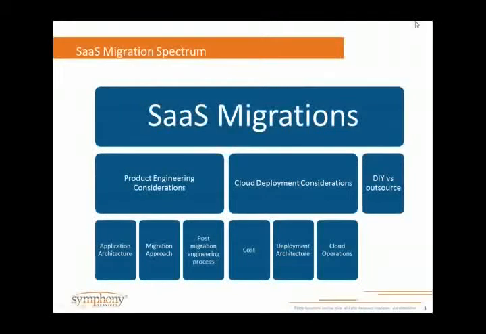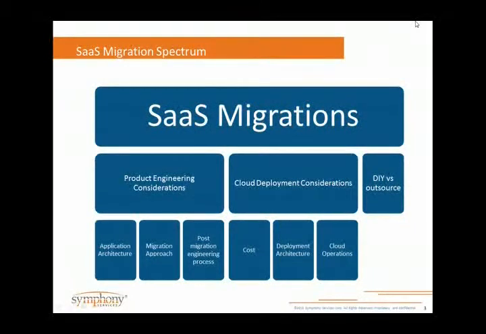On the cloud deployment side, we are going to look at the cost economics of cloud, and the importance of the deployment architecture. And as we look at the migration engineering process, we would also look at post-migration cloud operations.